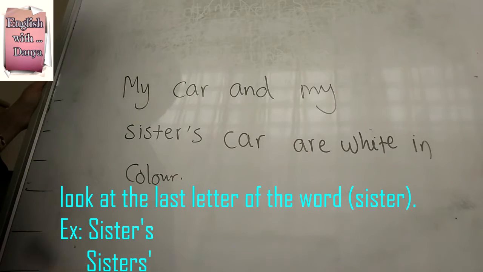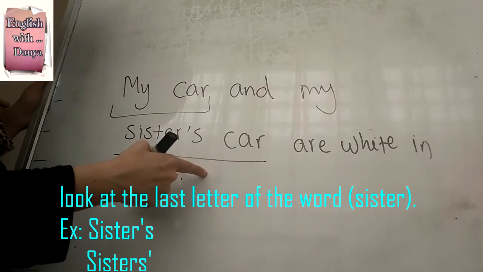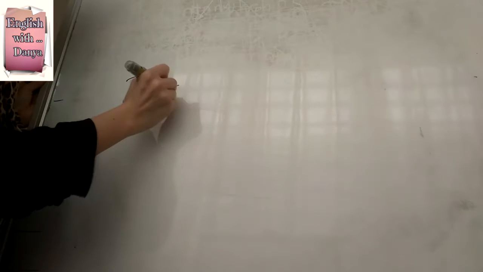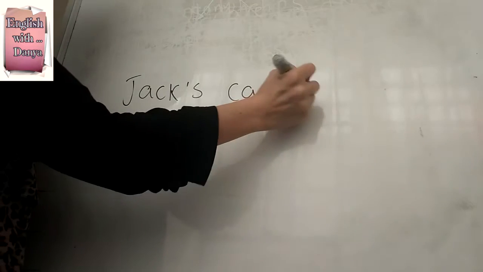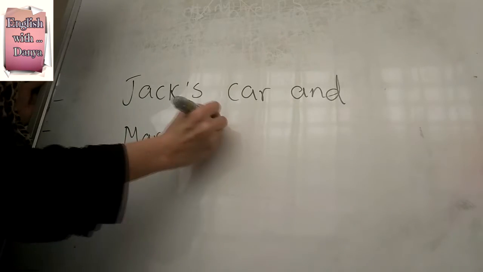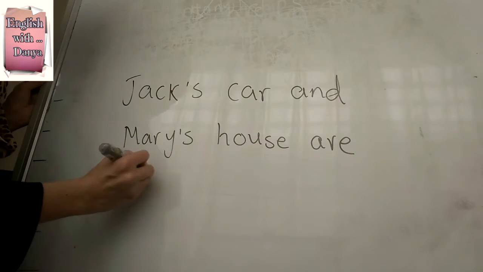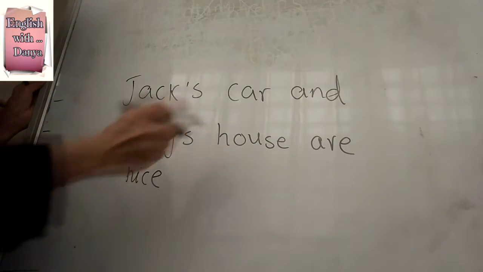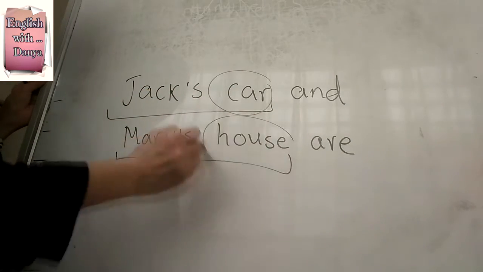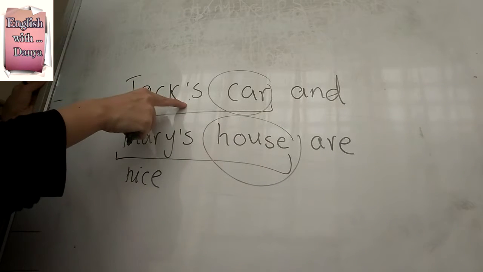That means my car and also my sister's car. Another one: Jack's car and Mary's house are nice. This is okay. Why? Here we are talking about Jack's car and here we are talking about Mary's house. So different things. In this case, we can use apostrophe and s.